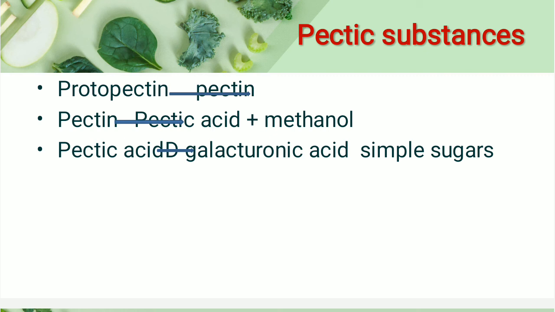So I repeat, protopectin is a water-insoluble parent pectin, which is converted to pectin, which is water-soluble. Pectin esterases cause the hydrolysis of the methyl ester linkages of pectin to yield pectic acid and methanol.